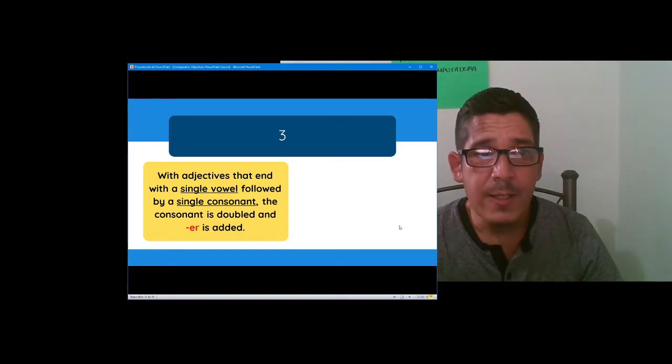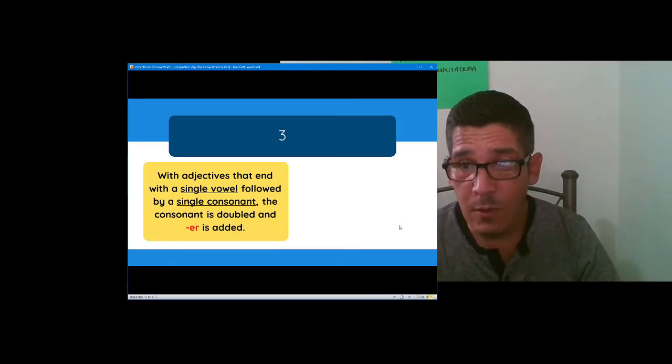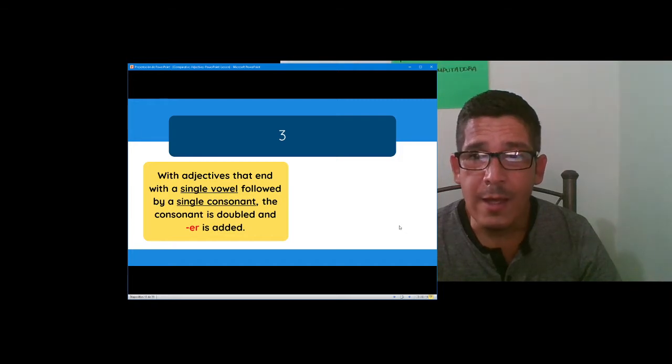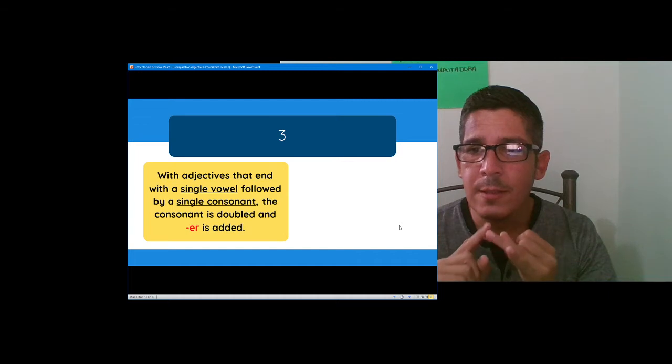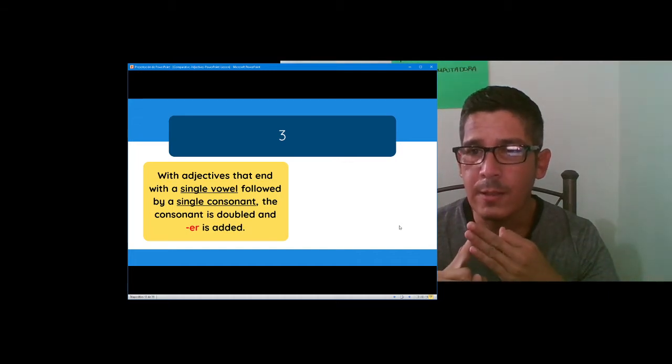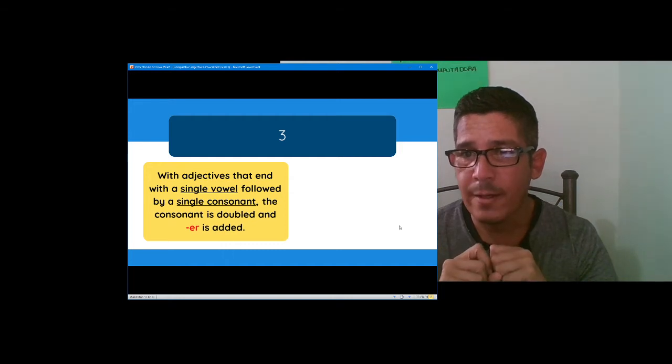With adjectives that end in one syllable, that end in a single vowel followed by a single consonant, the consonant is doubled and you add er. For example, those that finish in consonant, vowel, consonant, and they are only one syllable. For example, big.